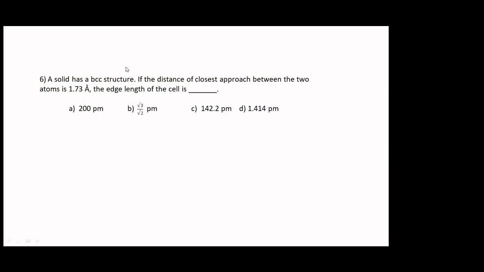So use that formula, and the distance of closest approach is only 2r. 2r will be equal to root 3 a divided by 2. This is what you're supposed to use. So 1.73 into 1.73 divided by 2. What do you get here? 1.73 into 1.73.